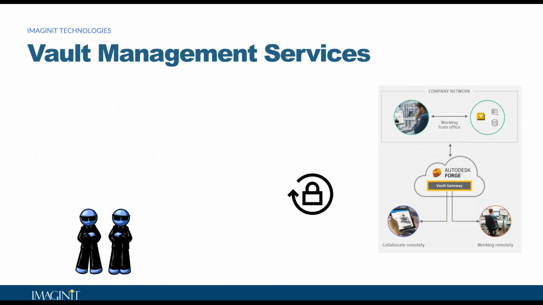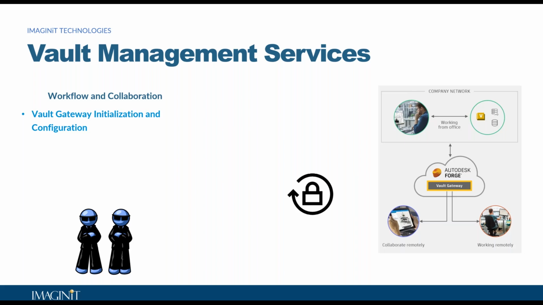So one of the newer features of Vault that has become very popular, it's a great tool for collaborating not only with folks already inside your organization, but possibly with external vendors, maybe even clients, depending on how you work with them. But the Vault Gateway is a great tool.